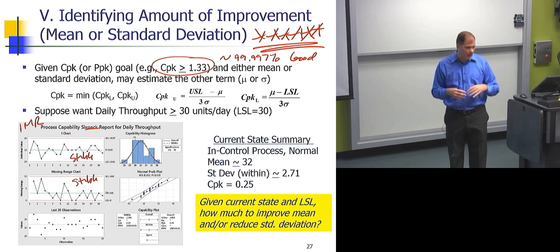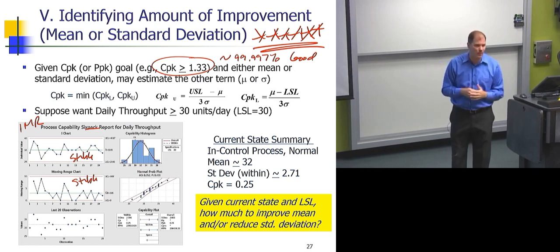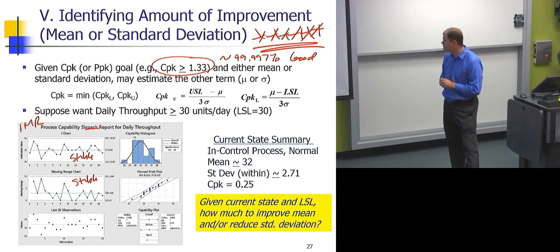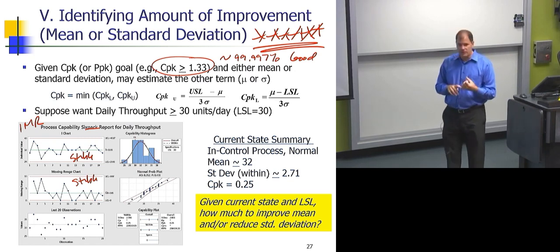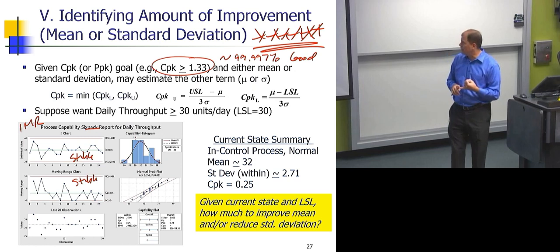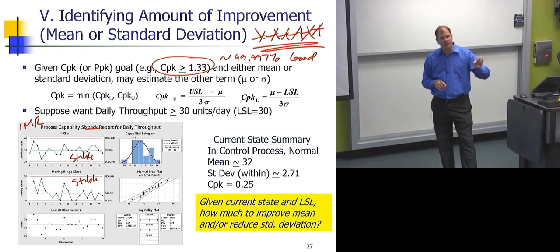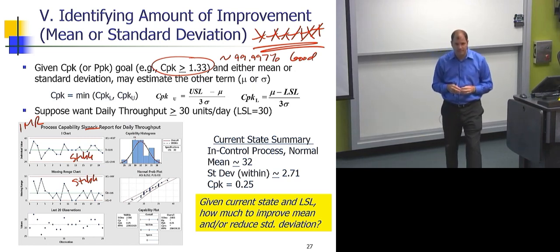Now, I'm not going to make a big deal about whether you round to 2.7 or not. This is trying to come up with a general number, not so exact.